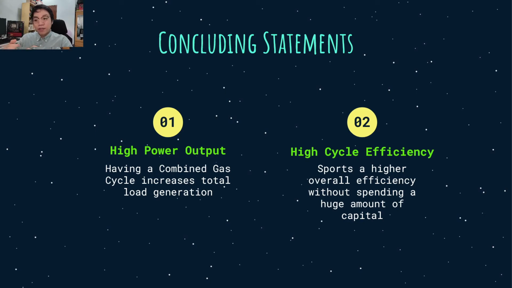A gas turbine can only give you so much power, but it's still exhausting a lot of heat. By recovering that heat, you can use it on a steam turbine to further your efficiency for your plant. Which brings us to the second concluding statement, which is the high cycle efficiency.